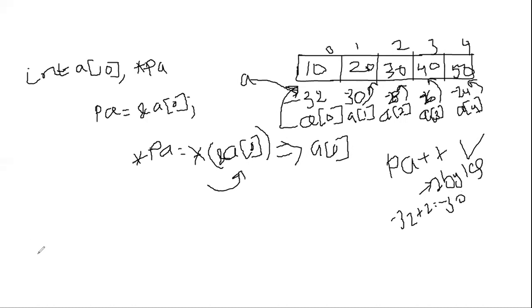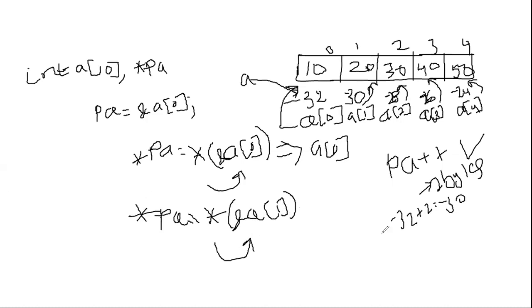So automatically the next PA points out when you write PA plus plus: star PA is equal to star of ampersand a of 1. That means the value in this address, a of 1.